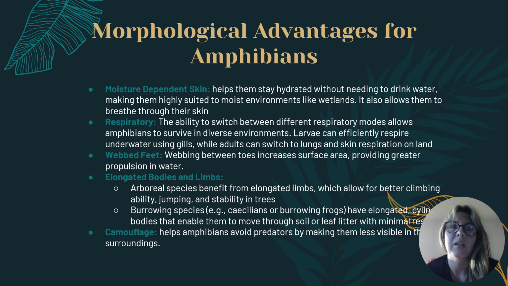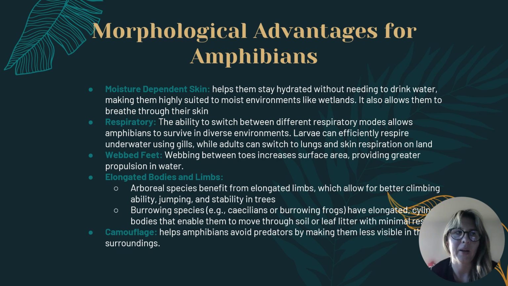This really helps them stay hydrated without actually needing to drink water. This allows them to be heavily suited for most moist environments like wetlands, tropics, forests, and rainforests. It also allows them to breathe through their skin and drink water through their skin. So they won't actually drink water via their mouth like most animals.